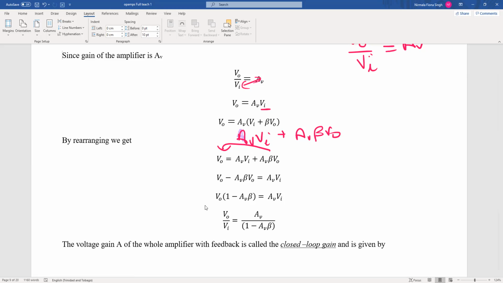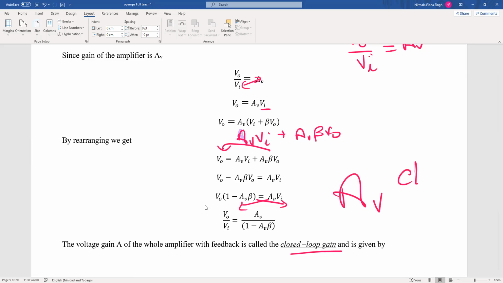What we do, we carry this one to the bottom here, and we're going to get Vo over Vi is equal to AV over 1 minus AV beta. Now, the voltage gain of the entire amplifier with feedback is called closed loop gain. So that is what we have, AV here.